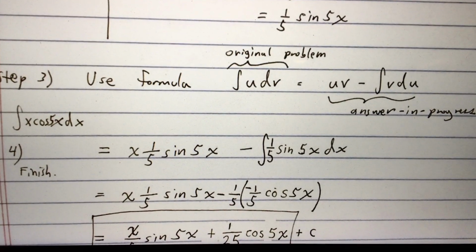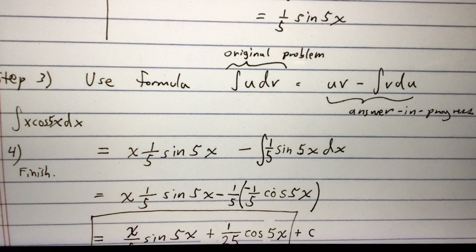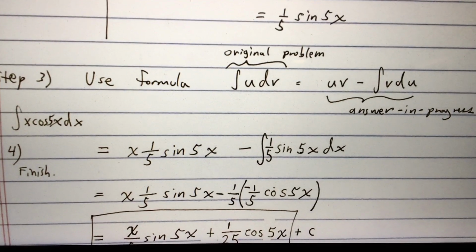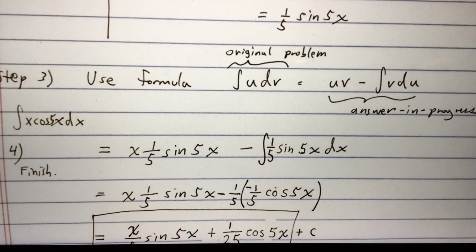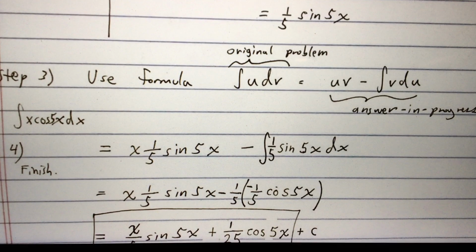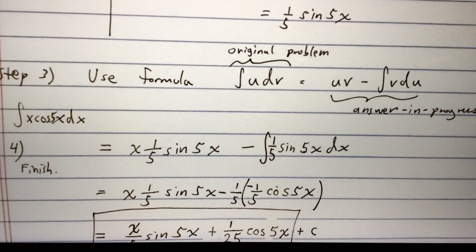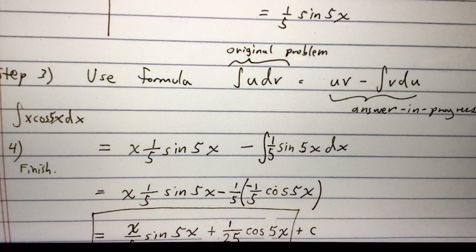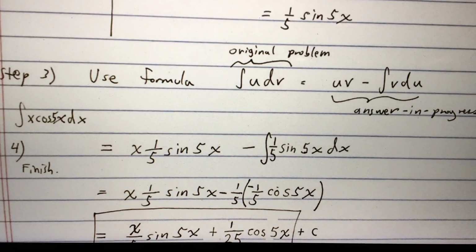That's step 4. So I just keep the x times 1/5 sine 5x, and I do the antiderivative of that sine 5x. I have to be careful with the minuses because there's a negative from the original formula. I pulled out a -1. I pulled out a 1/5.